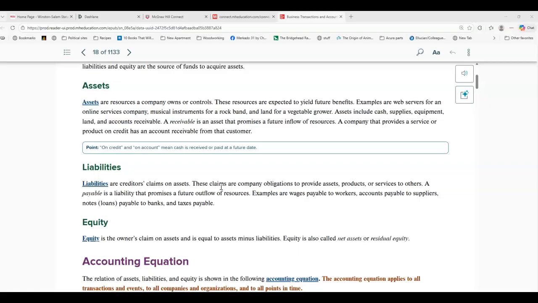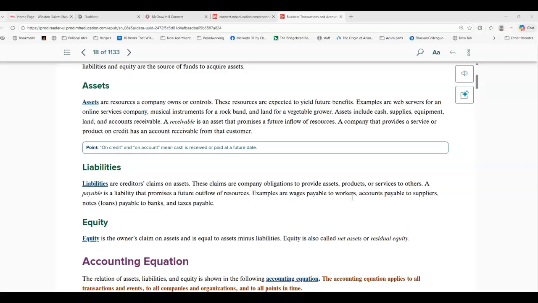If we can't pay them, then they can take other assets, but let's try to pay them. Usually we have to provide a payment of cash. Sometimes we have an obligation to provide a future service or provide a product in the future, and those would be deferred revenue or unearned revenue, and those are liabilities.